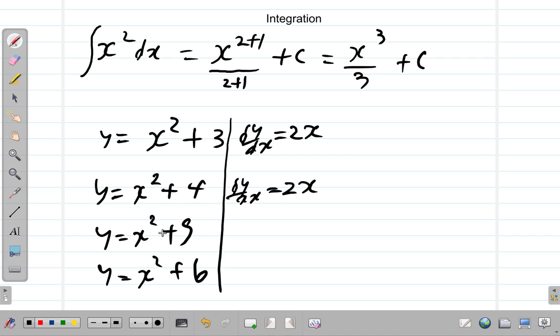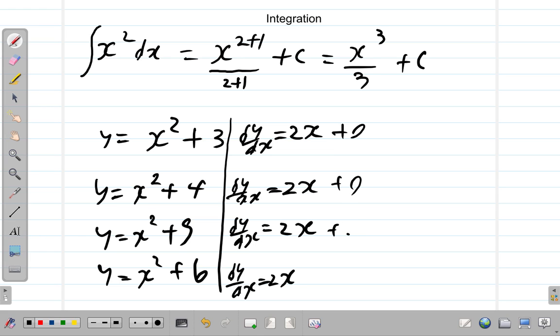Remember, when you differentiate 3, you get 0. When you differentiate 4, you get 0. When you differentiate 5, you get 0. Y equals x squared plus 6, dy by dx equals 2x. All of these would be plus 0, but you don't bother to write the plus 0 there, right? But the thing now is this.